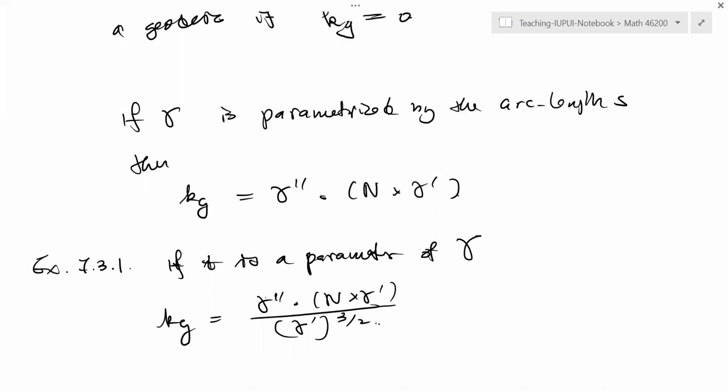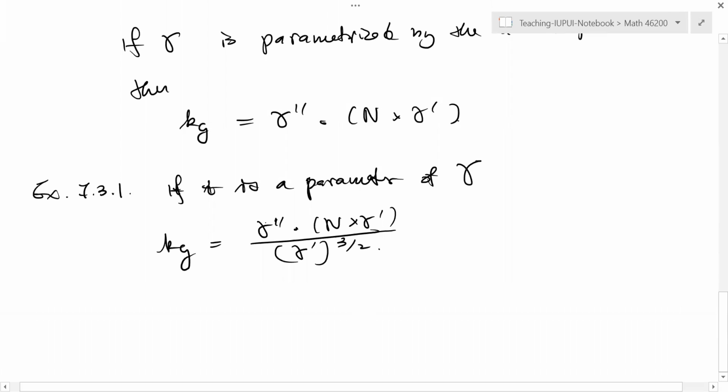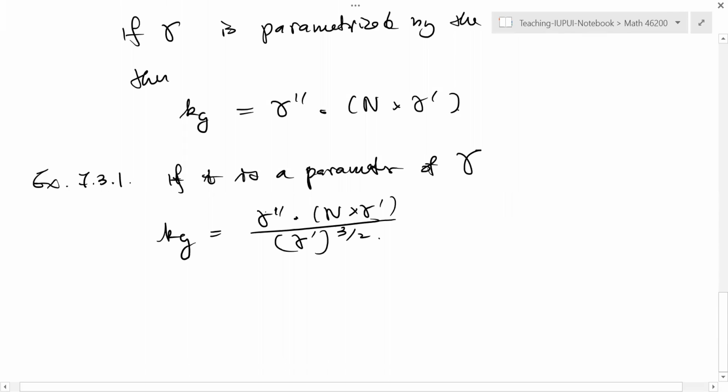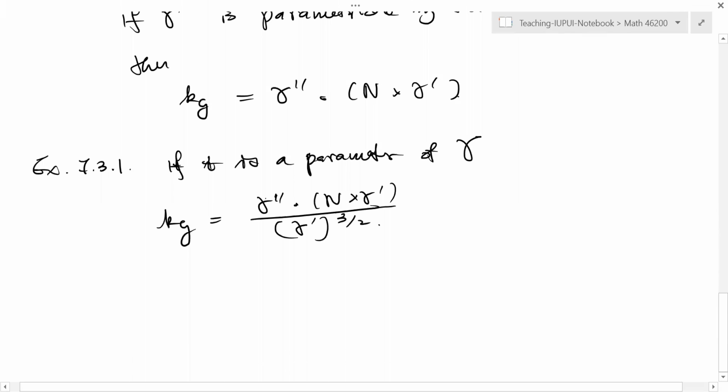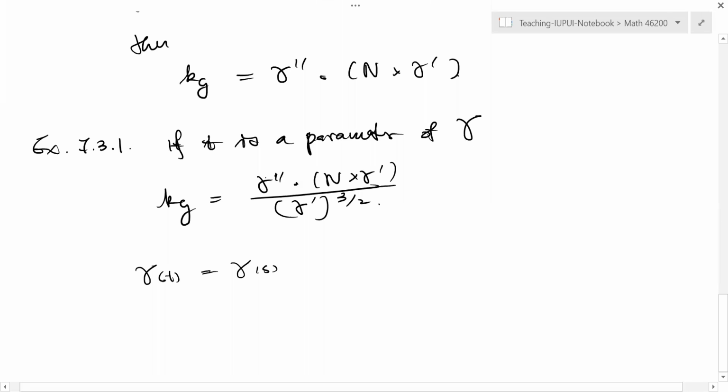The reason is as follows. Let me do the exercise here and finish the computation. First of all, gamma is parameterized by t. It also can be parameterized by s, depending on which parameter you're going to use. s is a function of t.